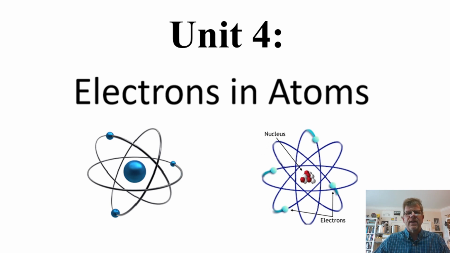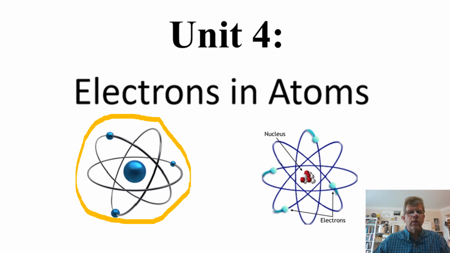But the general idea is that electrons populate the area outside of the nucleus in a particular way, which may go against the common view that electrons are orbiting around the nucleus like planets orbiting around a star. It's more complex than that. But the way we're going to be laying it out is a more relaxed view than in many courses. So let's take a look at electrons in atoms.